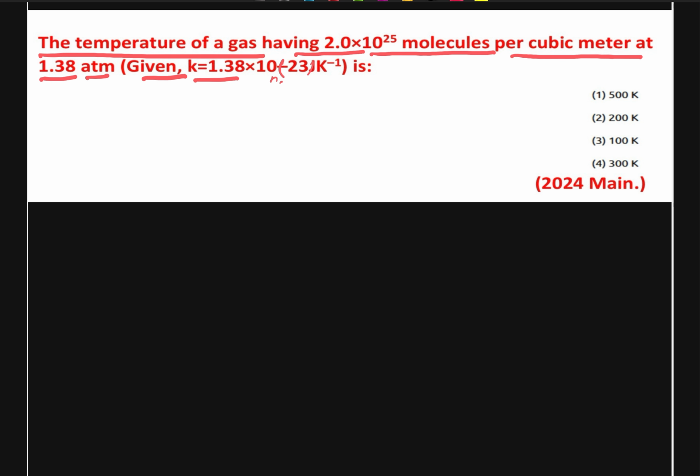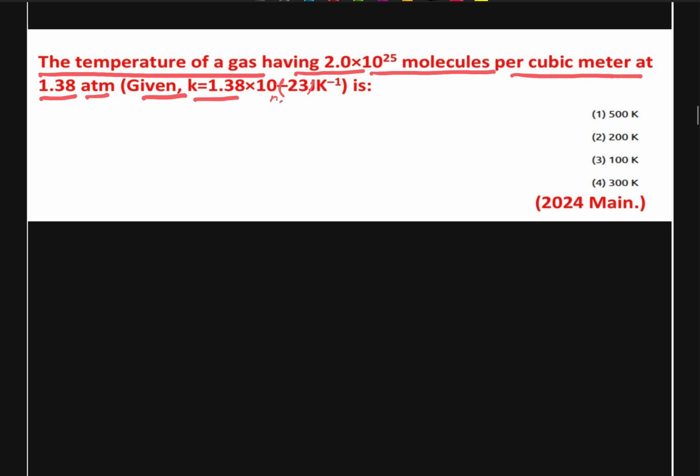The number of molecules and the pressure are given, so we can simply use the ideal gas law and solve it.